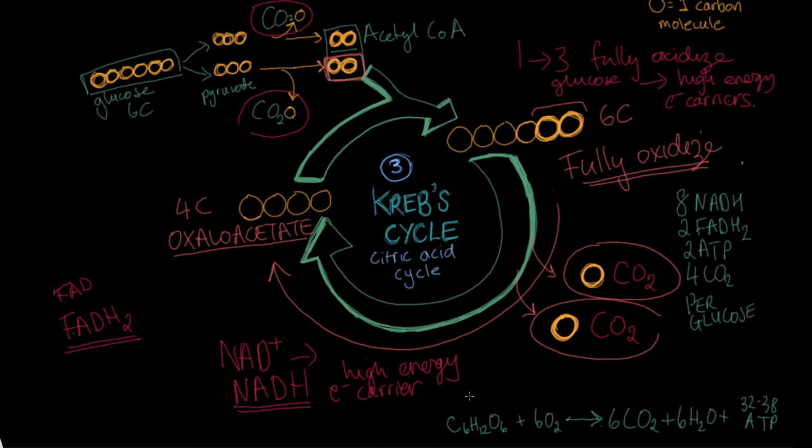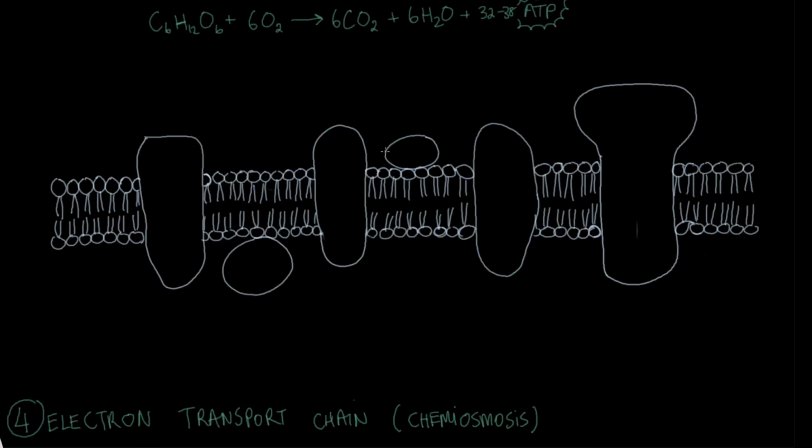So ask yourself, how many times does the Krebs cycle need to run per glucose molecule? Well, for each glucose molecule, we've got 2 molecules of acetyl-CoA. The cycle runs once per molecule of acetyl-CoA. So this one's going to go first, and then this one's going to go. So it's 2 times. 2 Krebs cycles per glucose molecule to create this.